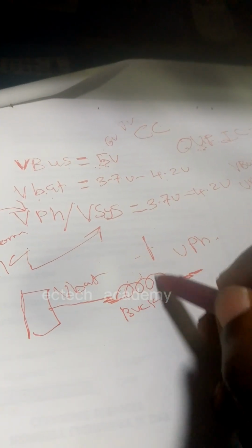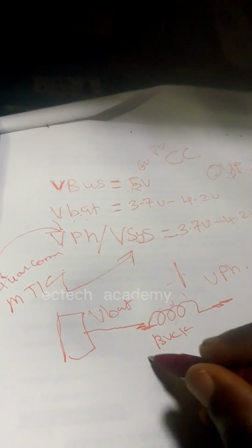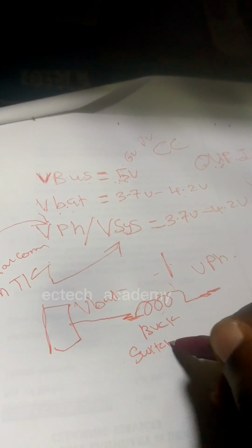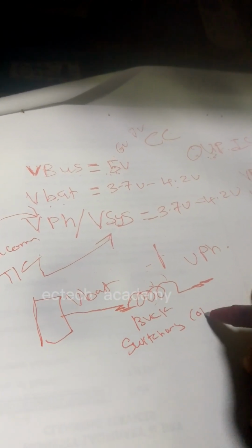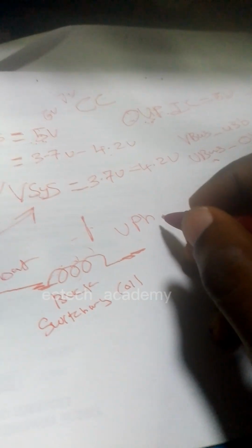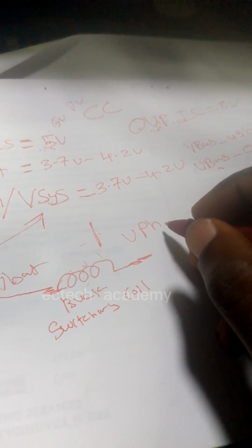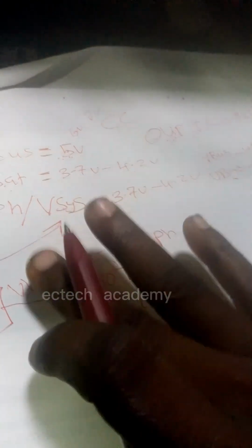This coil is called a buck coil. Because it has passed through the process, it's also called a switching coil. Because it has passed through this process, it changes to VPH. So that's why you see that the name changes.